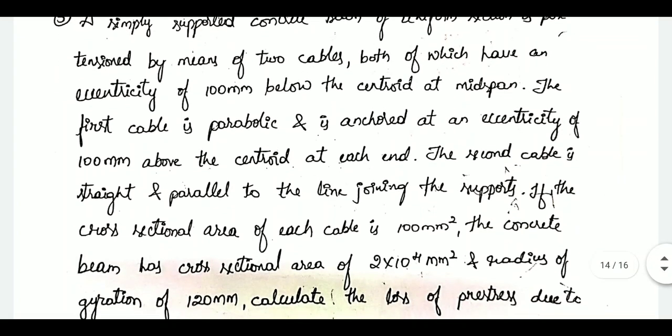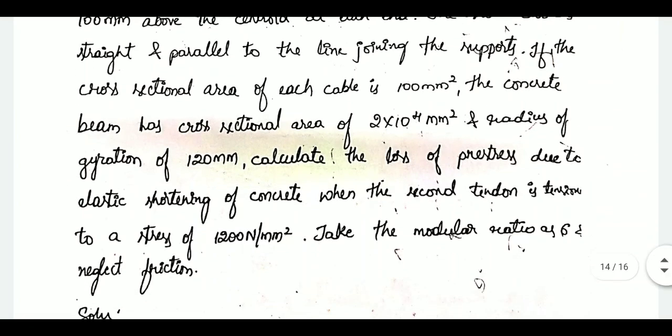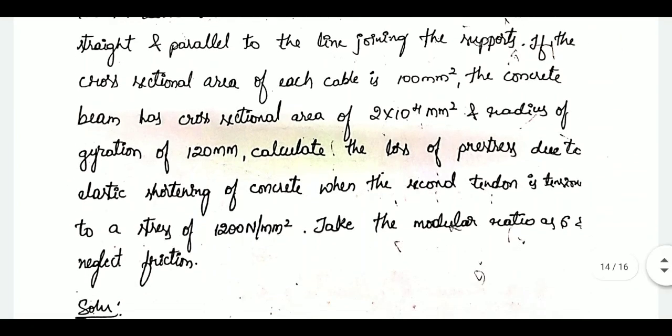If the cross-section area of each cable is 100 mm square, the concrete beam has a cross-sectional area of 2 into 10 power 4 mm square and a radius of gyration of 120 mm. Calculate the loss of stress due to elastic shortening of concrete when the second tendon is tensioned to a stress of 1200 Newton per mm square. Take the modular ratio as 6 and neglect friction.